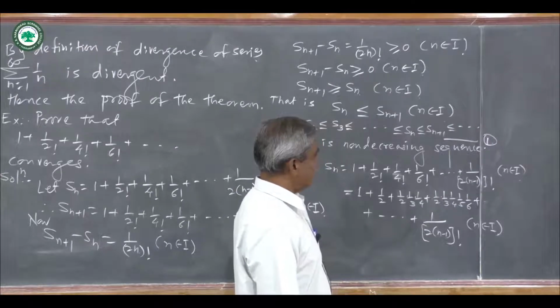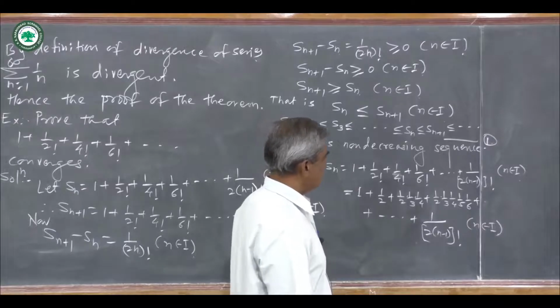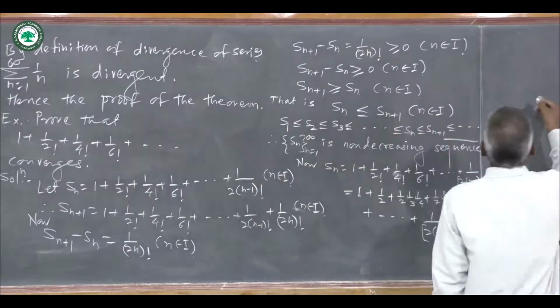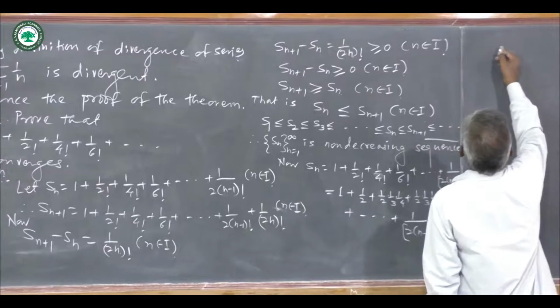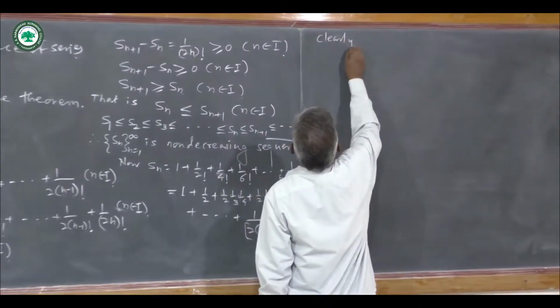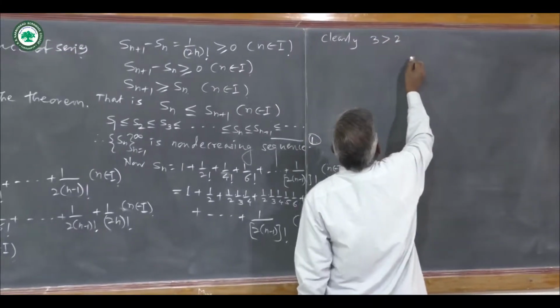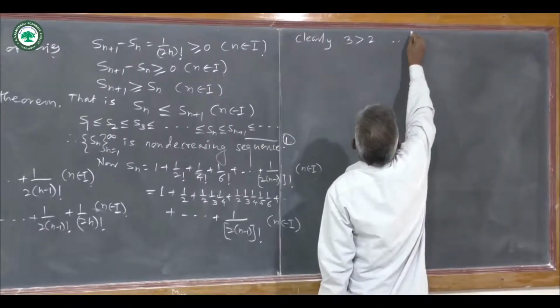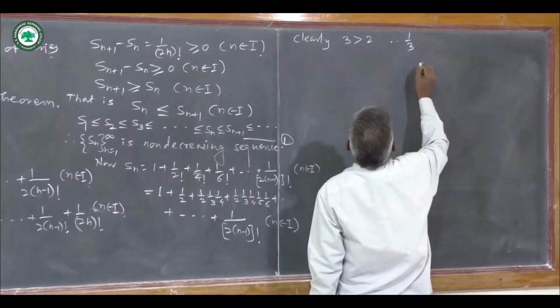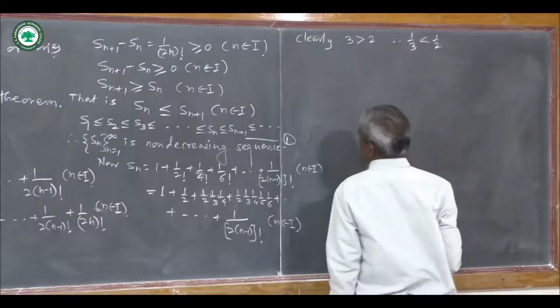Therefore, 1 upon 3 is less than 1 by 2.